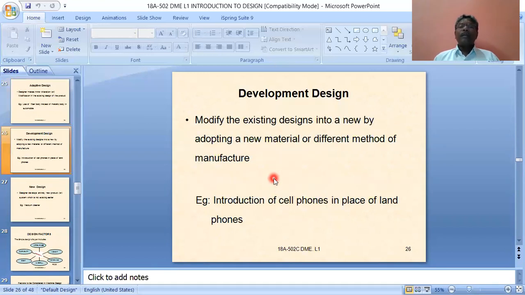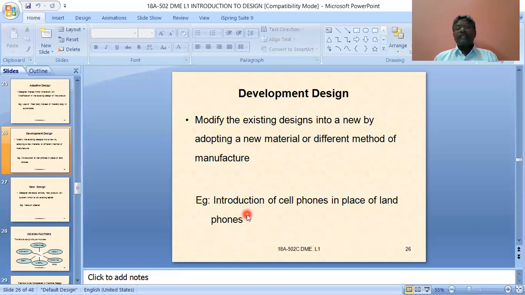And now developmental design. That means modifying the existing designs by adapting a new material or a different method of manufacture. It means the existing products are slightly modified by adapting new materials or new different methods for the manufacture. An example here is the introduction of cell phones in place of land phones. Land phones are mainly intended for talking, whereas the main function of cell phones is also talking with each other.